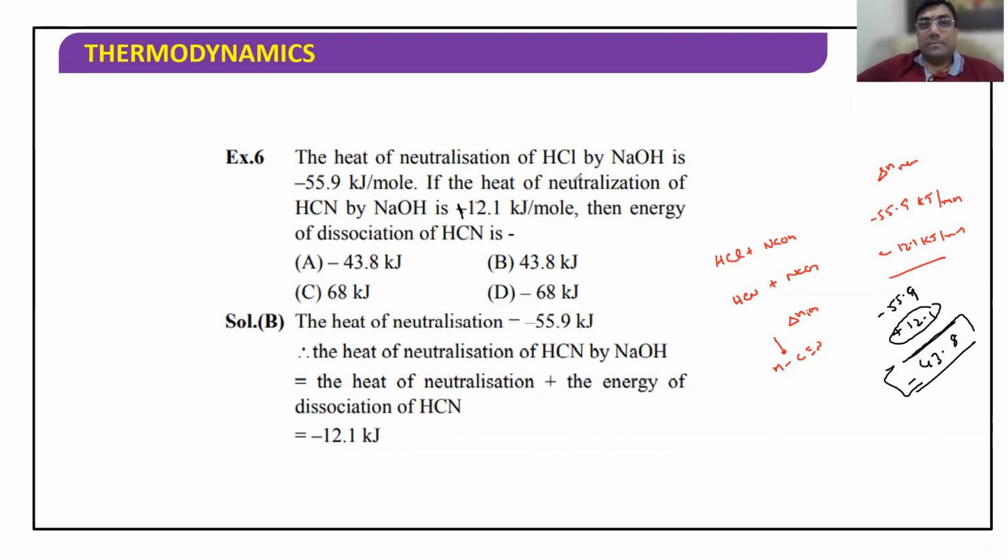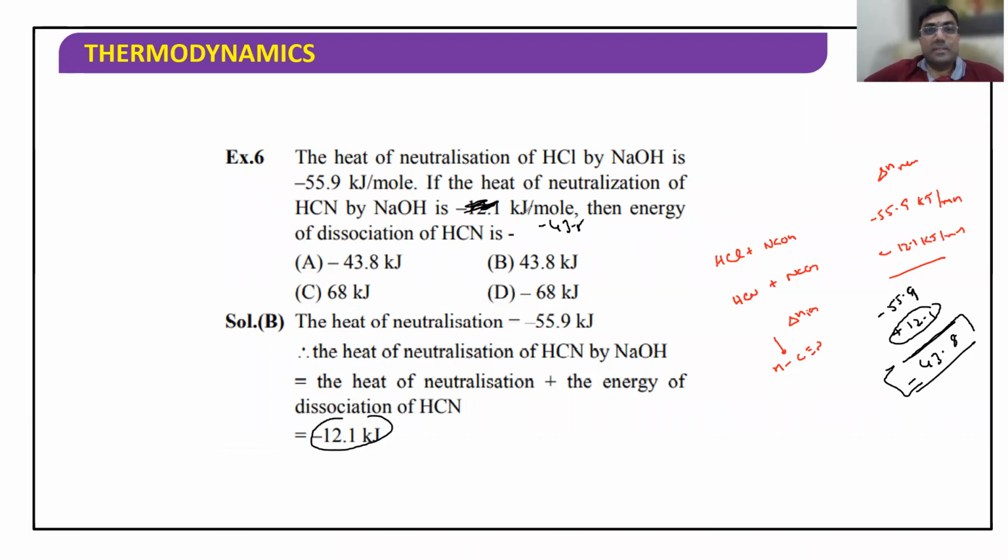Are you clear or not? So a mistake is given. In these questions the mistake is there. So this is not the heat of neutralization, this is the heat of ionization. Then you have to find the heat of neutralization. Or else you can do one thing: the heat of neutralization must be minus 43.8, then the heat of dissociation will be plus 12.1.